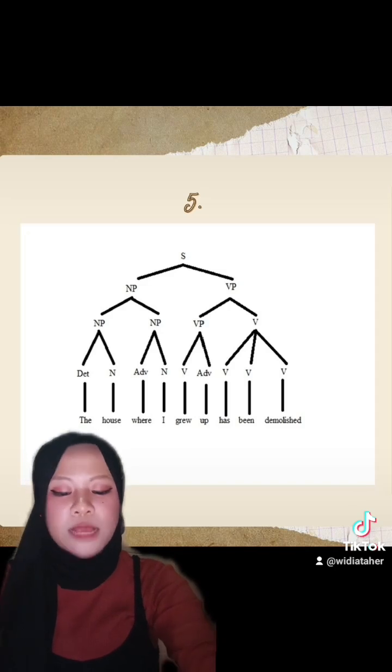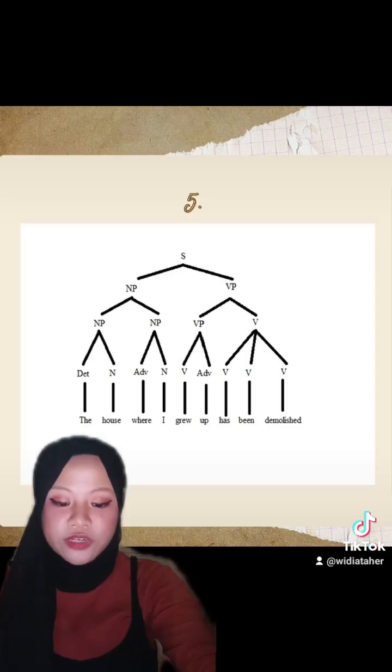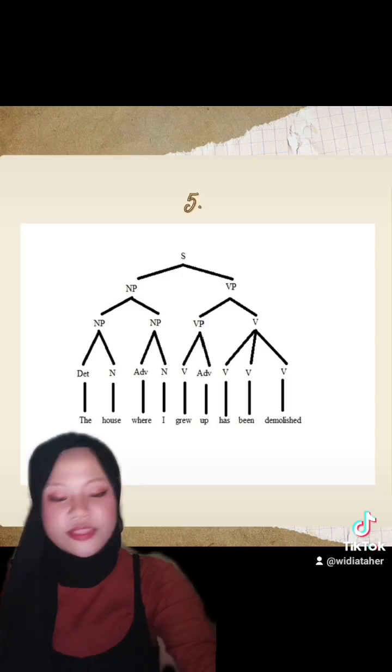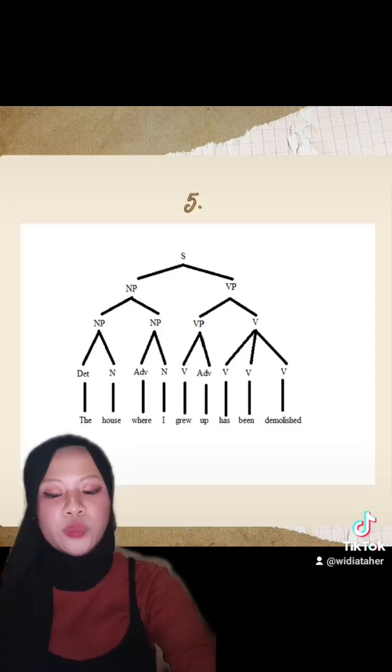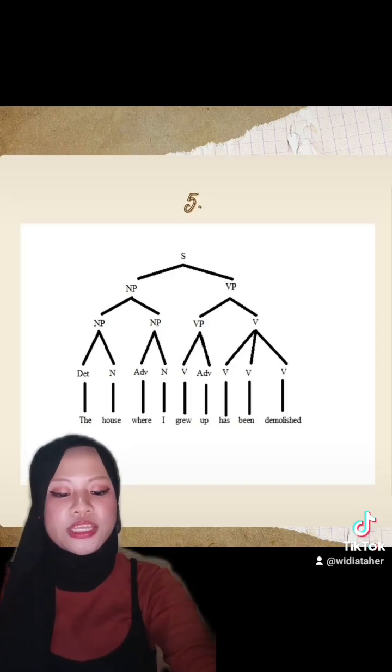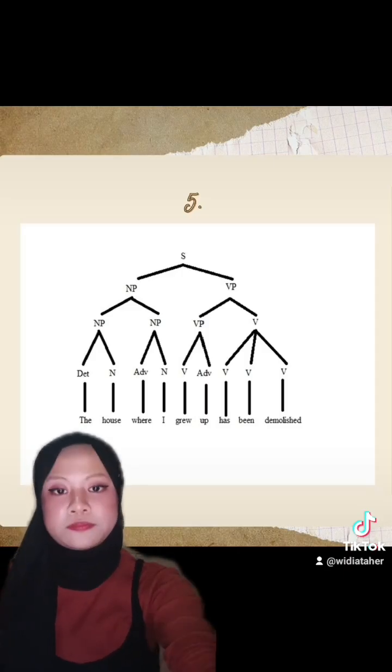I is the subject of the relative clause and grew is the verb within the relative clause. This breakdown and diagram illustrate how each part of speech functions within the sentence: the house where I grew up has been demolished.